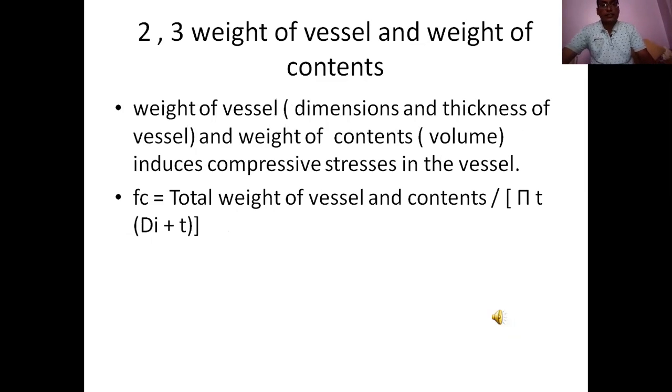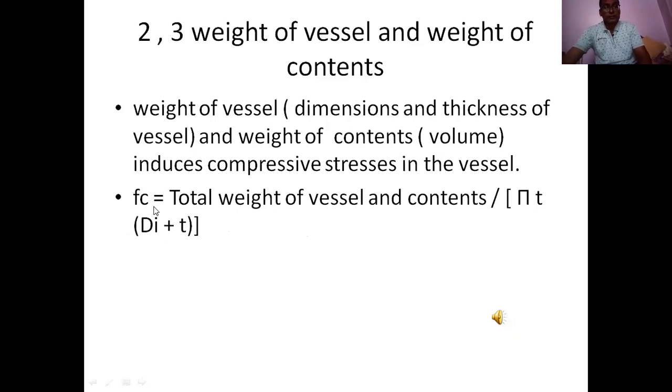Then second and third, that is the weight of the vessel and the weight of its contents. This is the total weight of the vessel and its contents upon pi t into the average diameter, which is nothing but Di plus t.